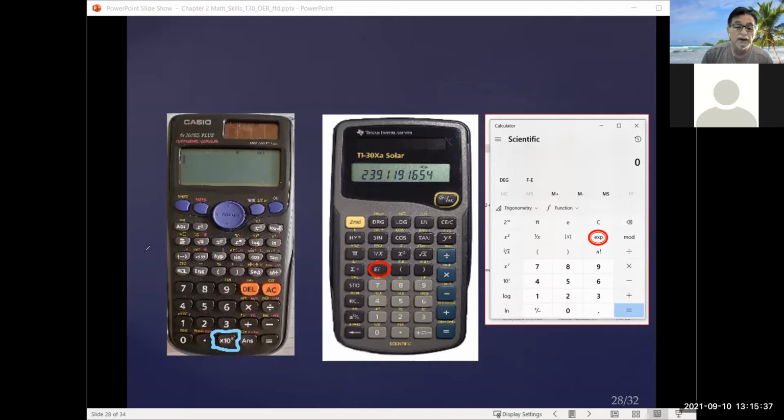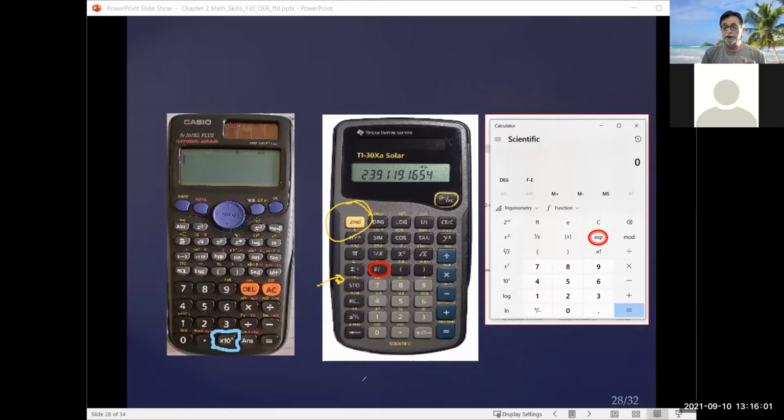Like in this case, at least I know for sure in this calculator, you got to hit the second button. A secondary function is normally written in yellow here. So check your calculator, see if it's primary or secondary.